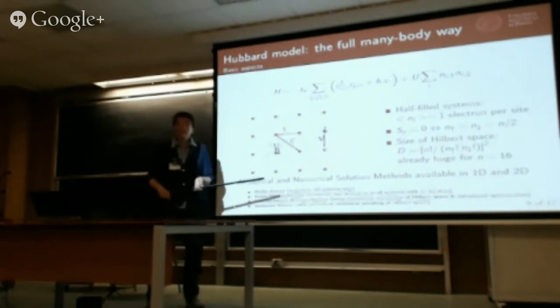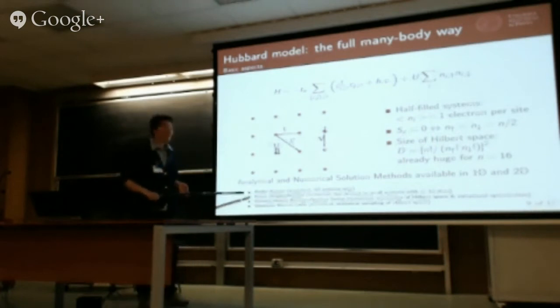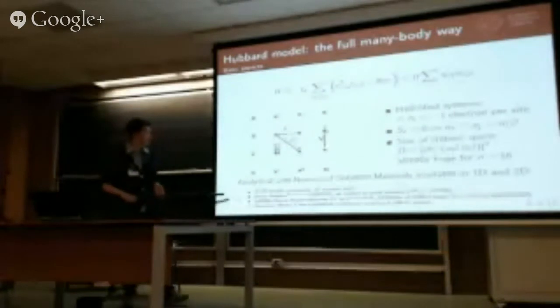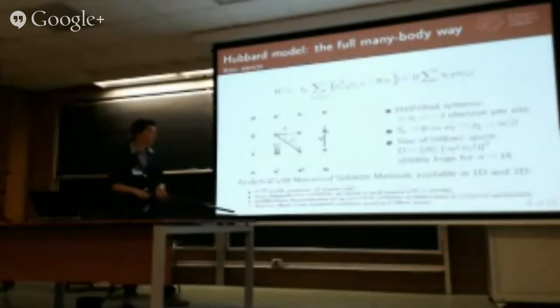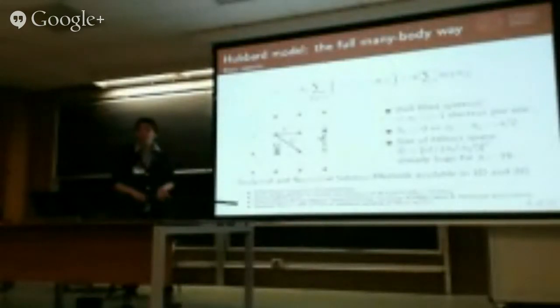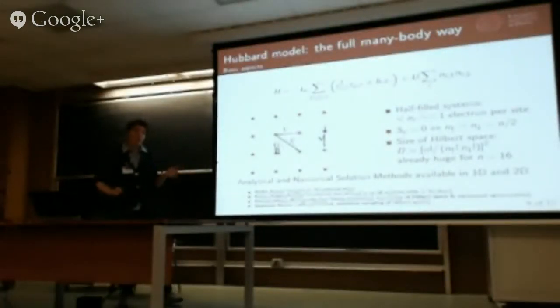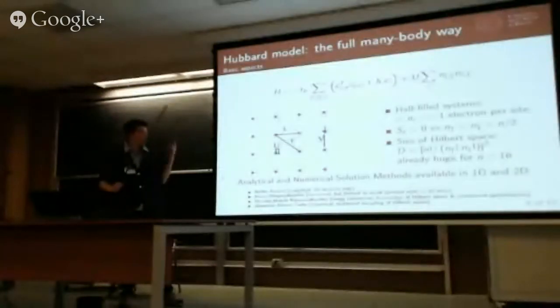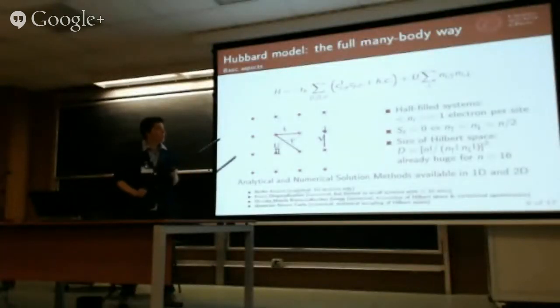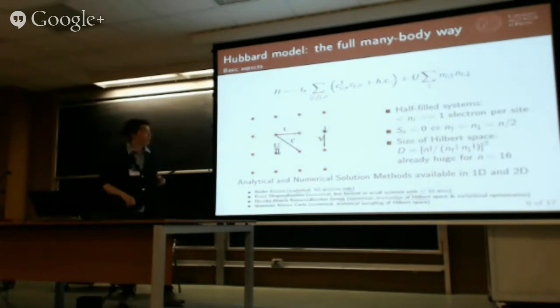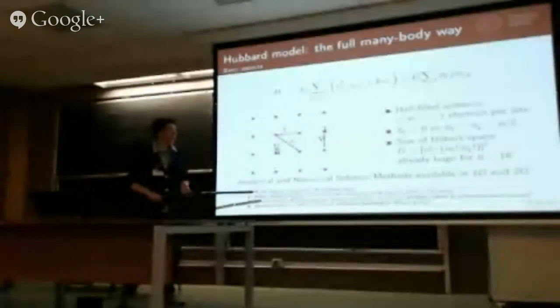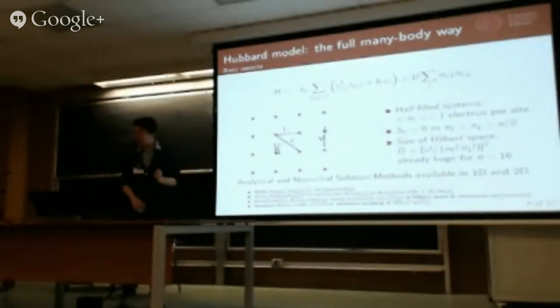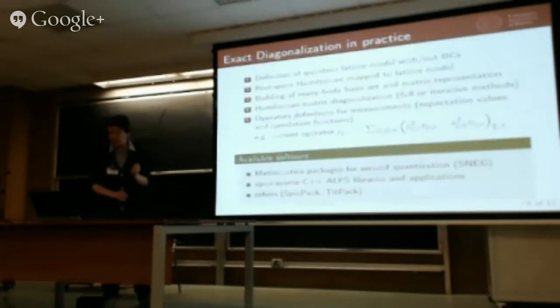That's why in the latest decade, two methods have been devised for trying to address larger size systems: density matrix renormalization group and quantum Monte Carlo methods. However, since these methods work with a reduced Hilbert space compared with the complete Hilbert space used in exact diagonalization, it's always good practice to check their results against those known from the exact diagonalization method before trying to address larger size systems.